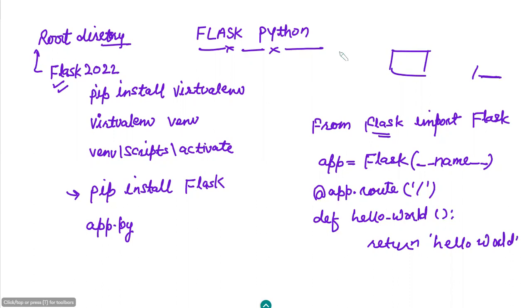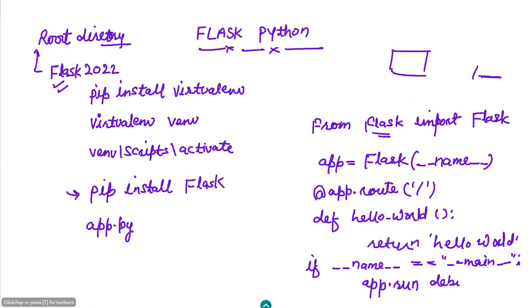Make sure you write these two lines: if underscore underscore name underscore underscore is equal to underscore underscore main underscore underscore, surrounded by double quotes or single quotes, and then write your app name: app dot run, debug is equal to true.